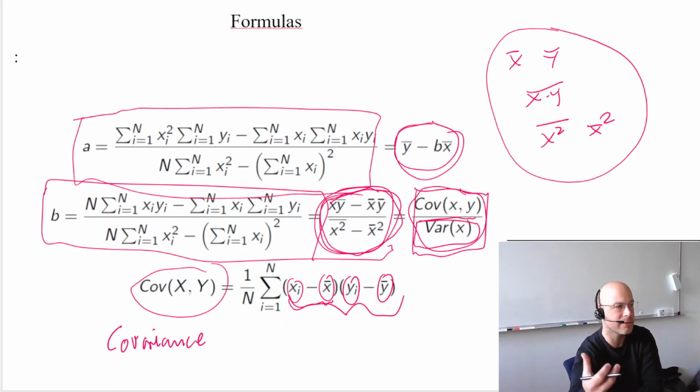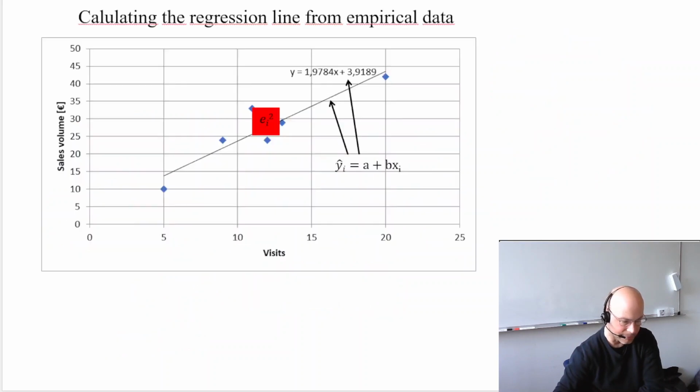And if you have a multidimensional normal distribution, then of course you also need the covariances of your variables in the description. And maybe this is a deeper motivation of this linear regression.